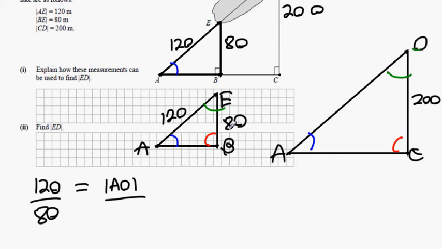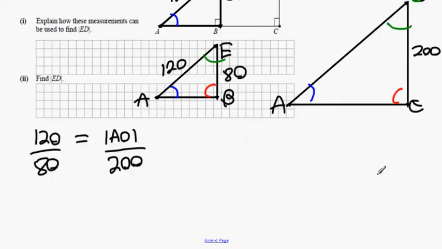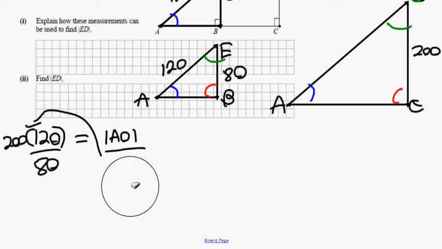So 120 over 80 equals AD over 200. Okay, so next we can cross multiply this and multiply the 200 up beside the 120, because this 200 can go up here, and when it does it disappears.